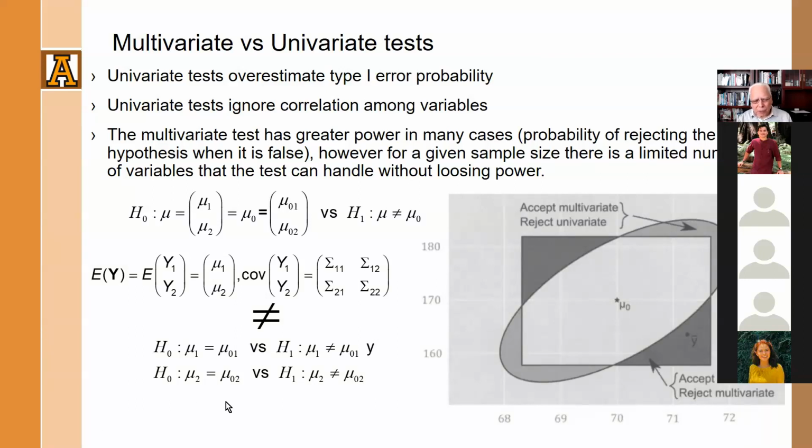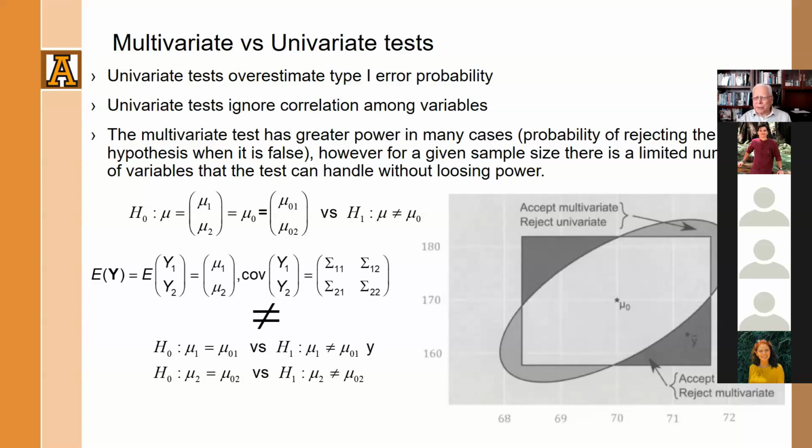And the same thing for y2, the second variable, I can test independent of y1. I can do a test to see if the mean of y2 is mu2 versus the alternative that it is not equal to mu2. And I can do that hypothesis test just by building a confidence interval.